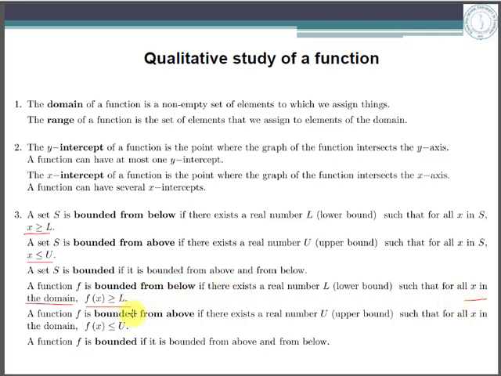A function f is bounded from above if there exists a real number U, an upper bound, such that for all x in the domain, f of x is less than or equal to U. And a function f is bounded if it is bounded from above and bounded from below. Here we gave a definition for sets, and in this case we gave a definition of bounding for functions.